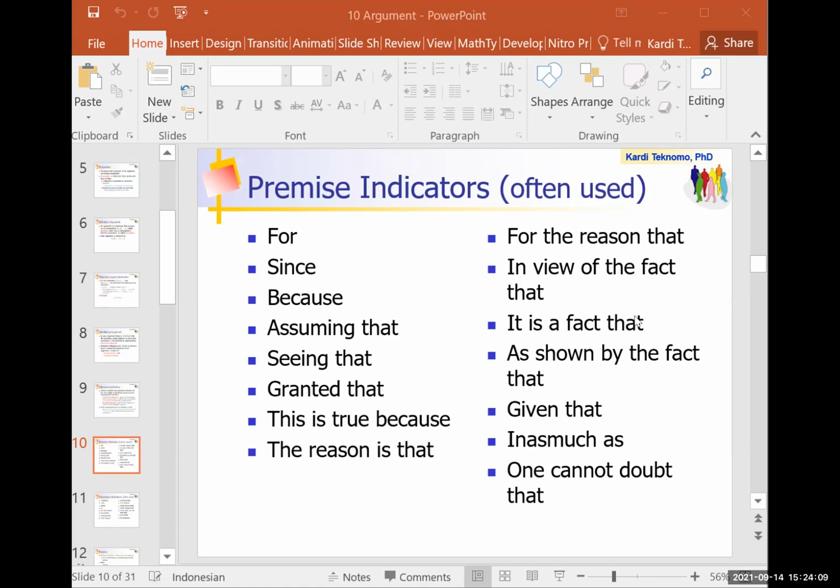All of these appear in the beginning of a premise. So when you see these words, then you will say, this is probably a premise. Not always, probably, most probably. That's why we call it a clue.